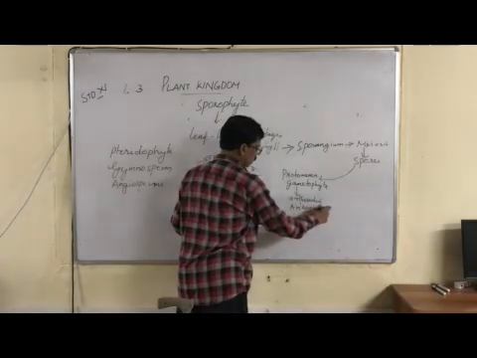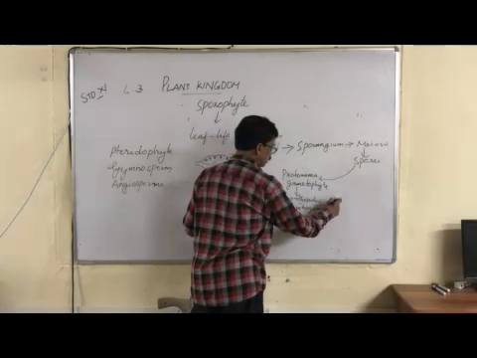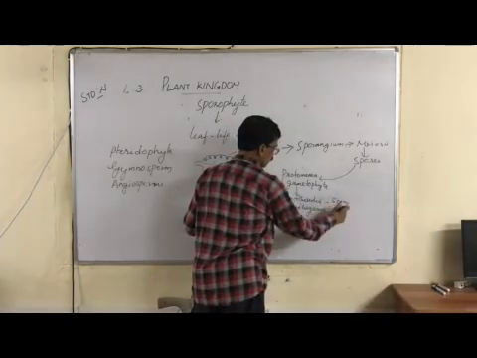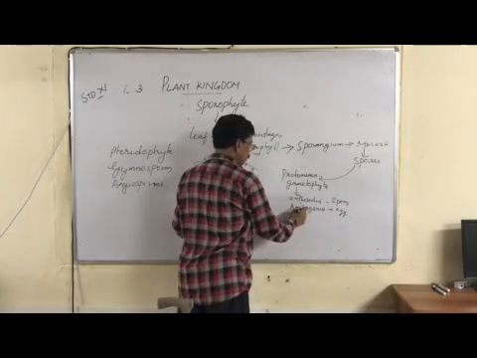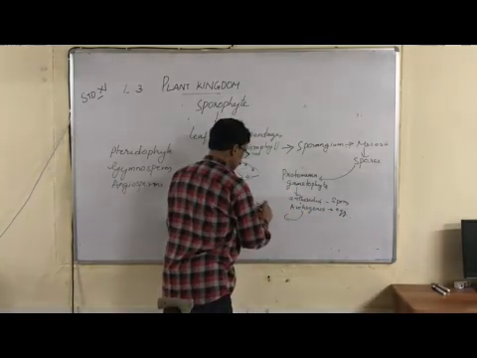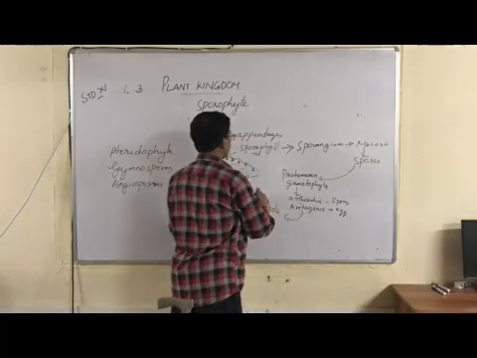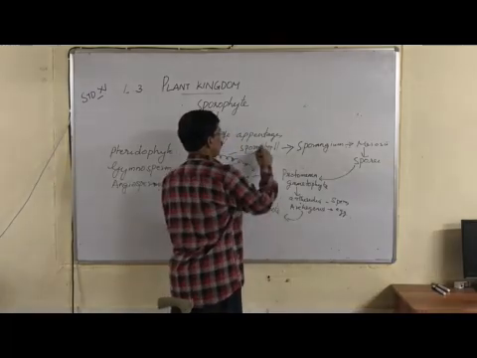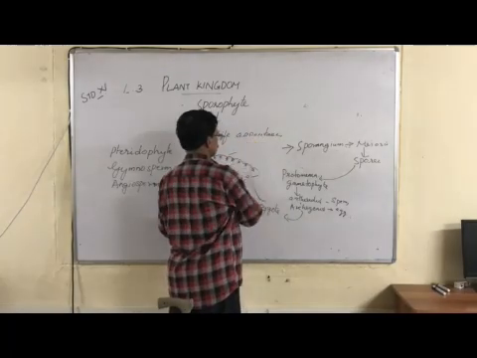Antheridia are the male sex organ, archegonia the female sex organ. Antheridia produce the male gamete, the sperm, and archegonia produce the female gamete, the egg. They fuse to form the zygote. The zygote divides again to form the sporophyte.